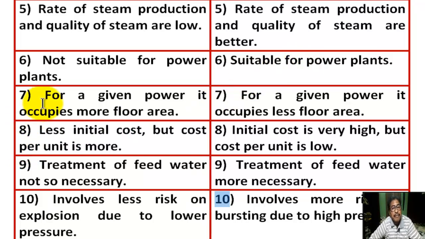Number 7, in fire tube boiler, for a given power, it occupies more floor area. For water tube boiler, for a given power, it occupies less floor area.